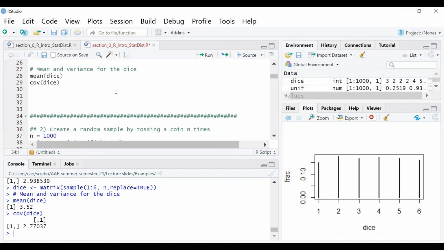Therefore, the mean and the variance of the sample in this case only reflect the weighted average of the outcomes that you observe. It didn't take into account those outcomes that you don't observe but may occur if you repeat it to infinity, right?